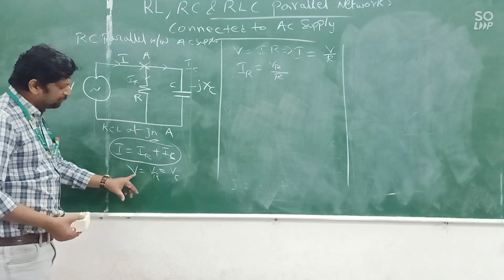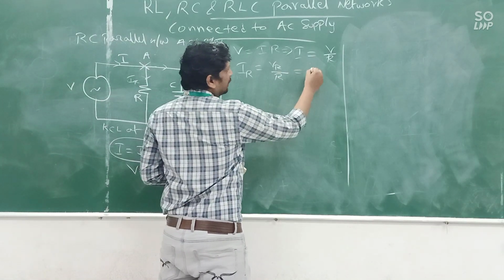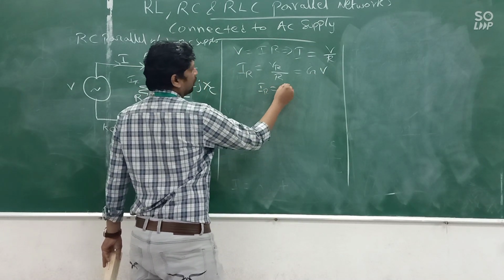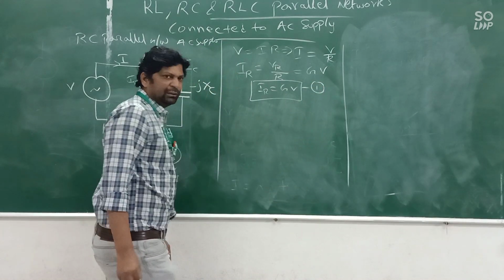And in parallel branches, V is equal to VR is equal to VC. So I can write it as GV. So IR is equal to GV. This is our first equation.